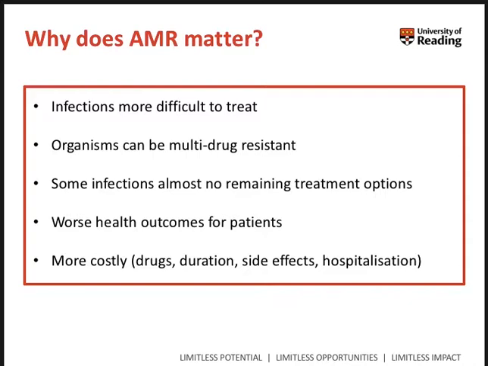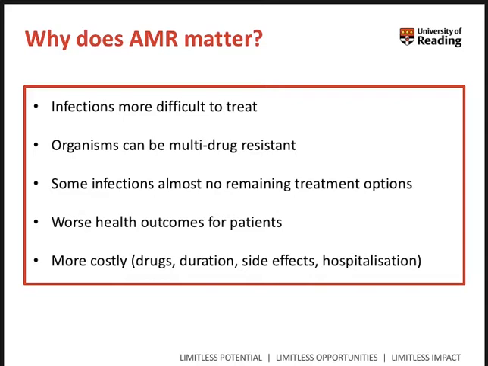Some infections as well have almost no remaining treatment options, and in some rare cases there are no remaining treatment options for certain resistant infections. Of course, all of those lead to worse health outcomes for patients for a number of reasons. It can take longer to treat infections.